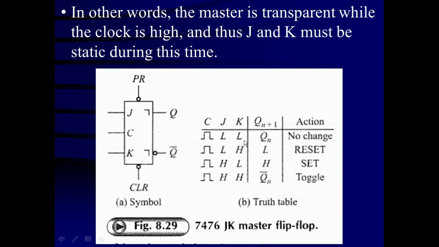So in a truth table, there will be 3 columns on the input side, that is the clock, J and K. On the output side, there is Qn plus 1, and whatever the action is.